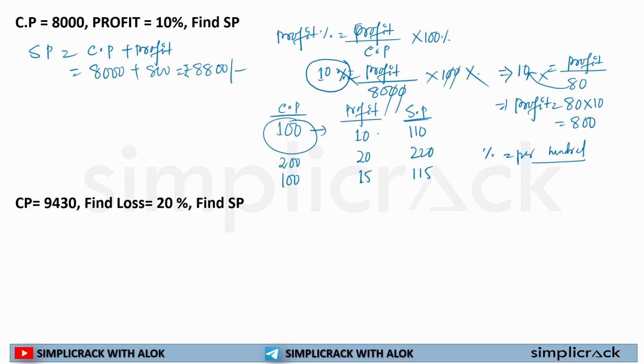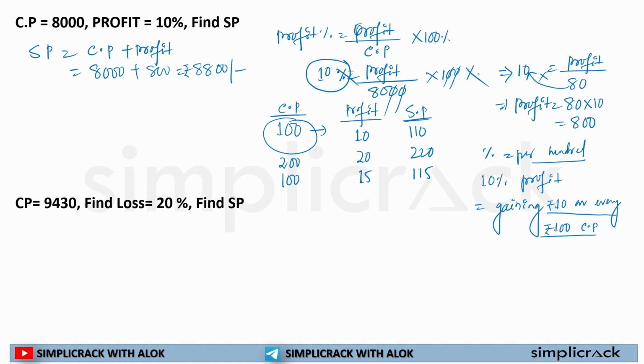So if I'm saying I am getting 10% profit, this means I am gaining 10 rupees on every 100 rupees cost price. If I am gaining 10%, that means I am gaining 10 per 100. So I am gaining 10 rupees on every 100 cost price.